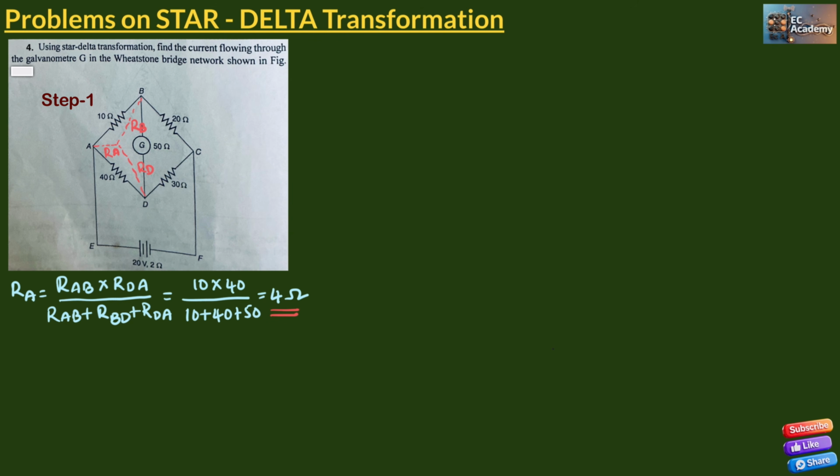Similar to this, we can find RB, that will be equal to RAB multiplied with RBD divided by RAB plus RBD plus RDA. So which will be equal to 10 into 50 divided by 100. So the resistance RB will be equal to 5 ohm.